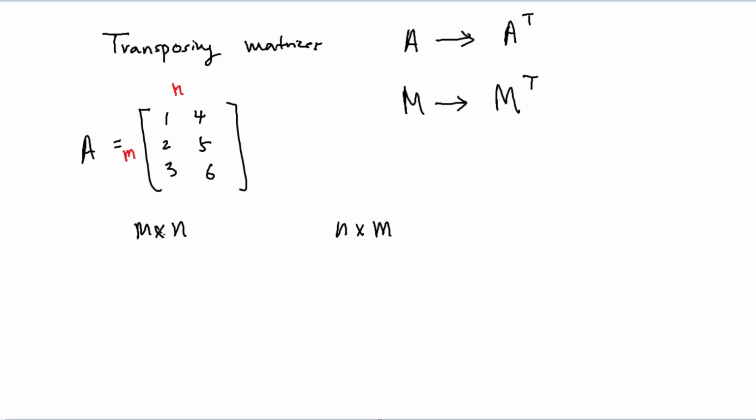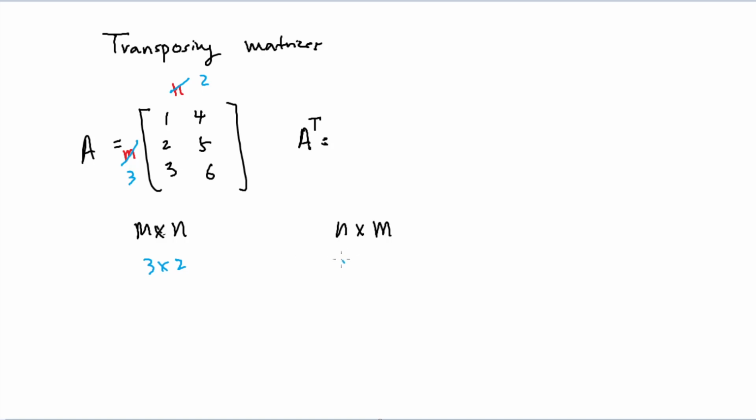In the case of A, we have a given matrix with 3 rows and 2 columns, a 3 by 2 matrix. A transposed will have its dimensions flipped, 2 by 3.